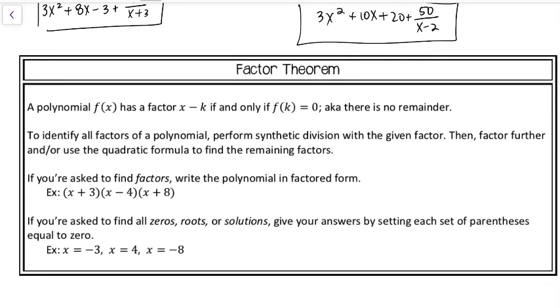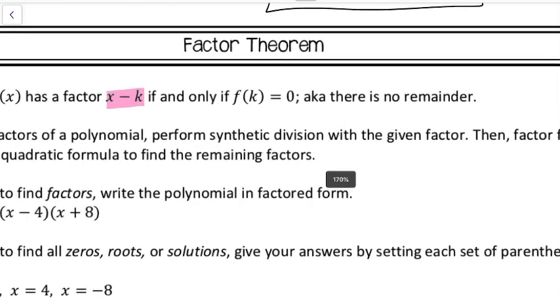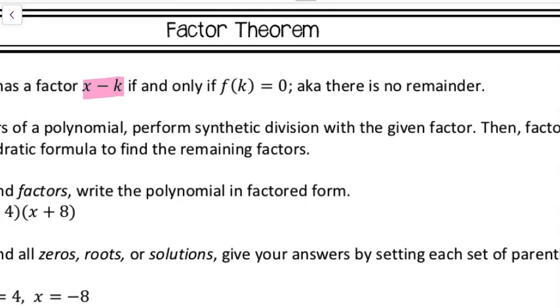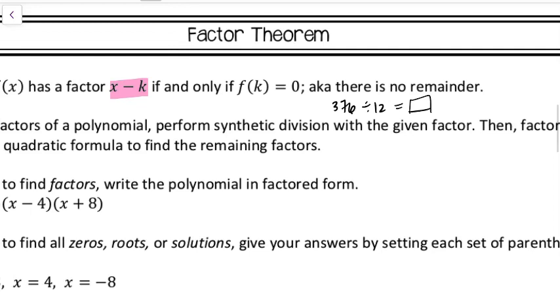So a polynomial f of x has a factor of x minus k if and only if f of k is 0, aka there's no remainder. We talked about that yesterday, right? When we took, I can't remember what it was, 376 and we divided by 12, and we just got some nice whole number with no remainder. We said if there was no remainder, then we get to call that a factor.